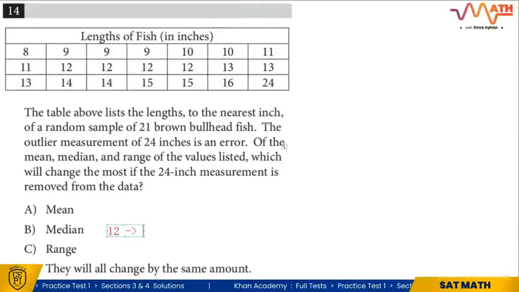So how do you find the median if the data set has an even number of terms? We find the middle terms, then find their average. There are 20 numbers now, so the middle ones will be the 10th and 11th. 12 and 12, average is also 12, so it will not change.